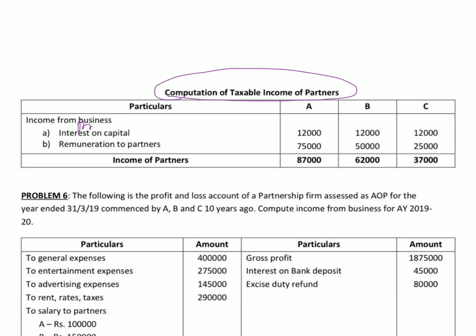The profit of the firm is exempt under section 10(2)(a). It is exempt because the partner's share in the total income of the firm is exempt under section 10(2)(a), which means the firm income is taxable in the name of the firm and not in the name of partners.